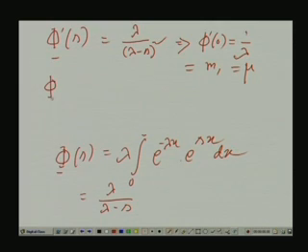Another derivative, again a minus sign comes, but that gets cancelled by the minus sign coming from here. So it is lambda by lambda minus s.